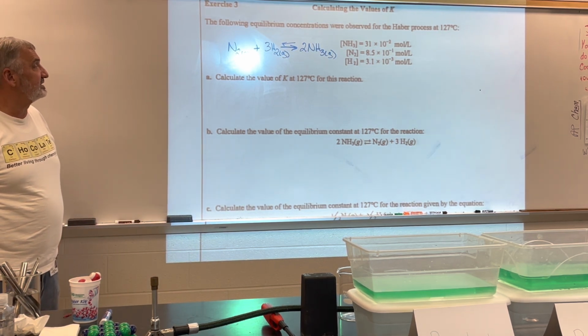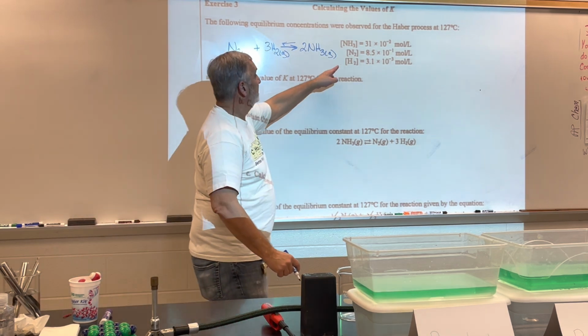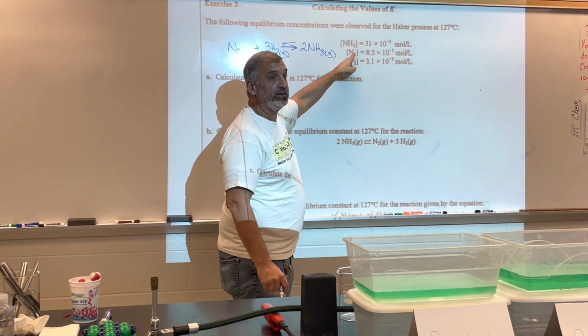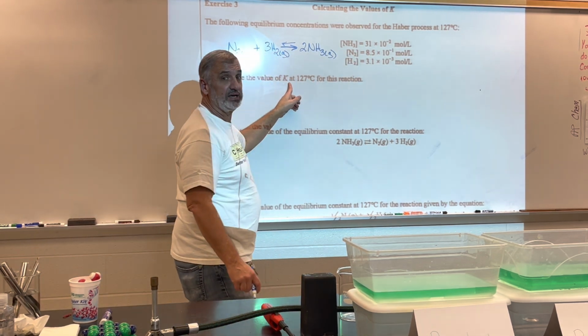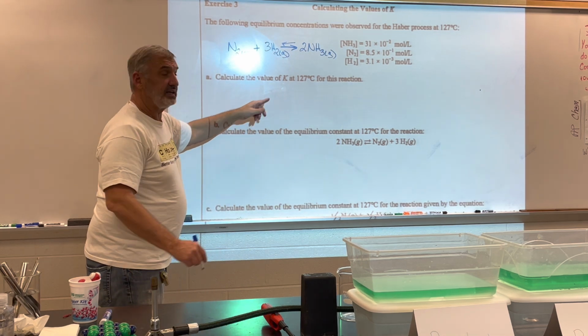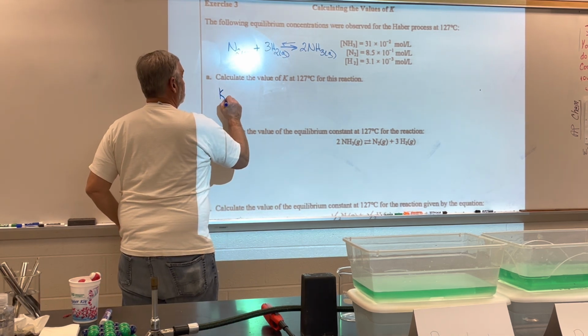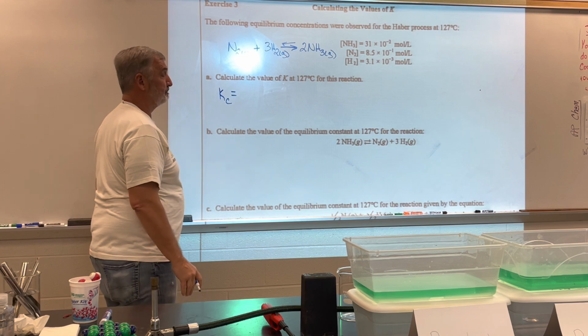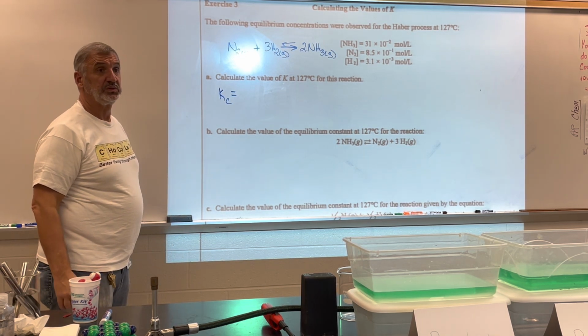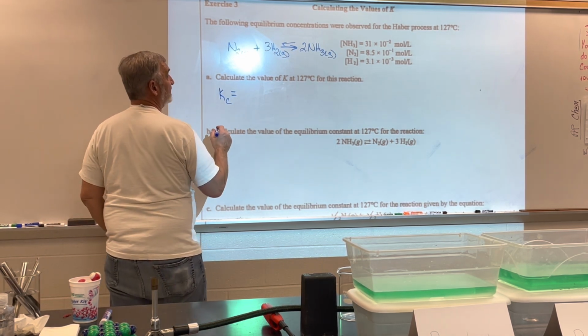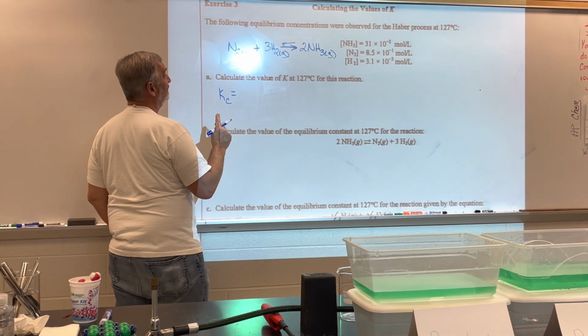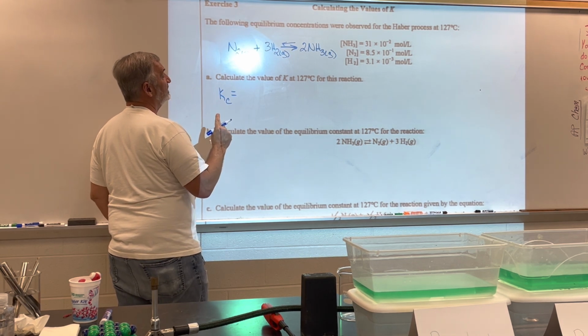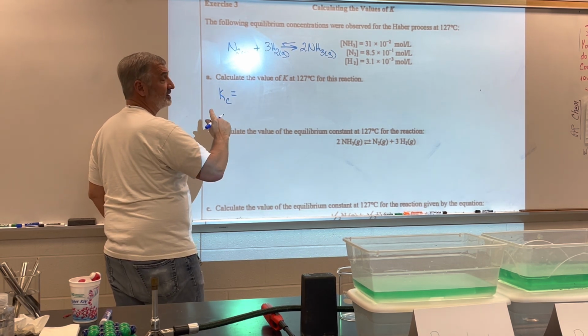So the first thing is calculate, and since all of these are in brackets, molarity, what do we want to calculate? It just says K, but what are we really going to calculate? Kc. What's the expression going to be? What over what? Products over reactants.